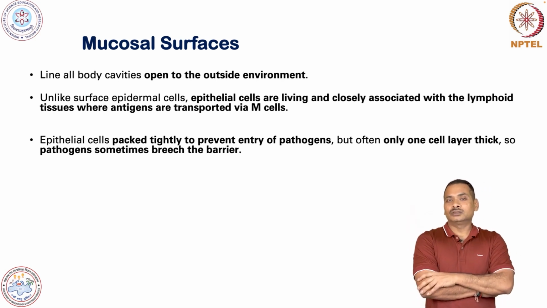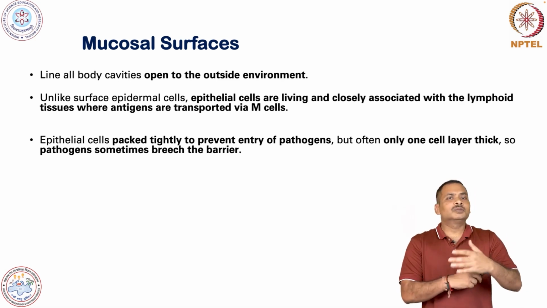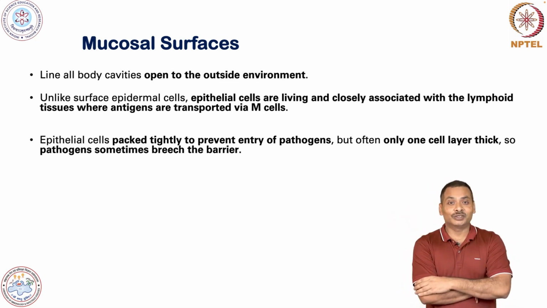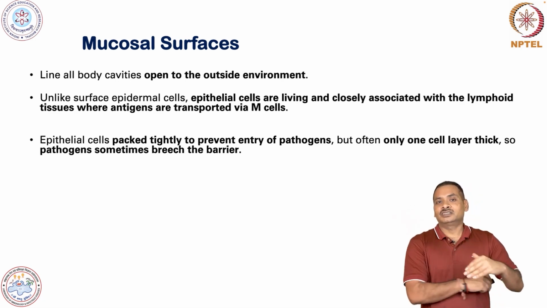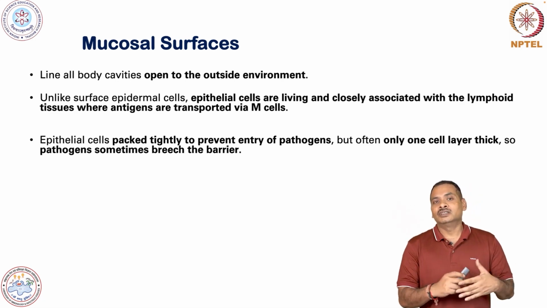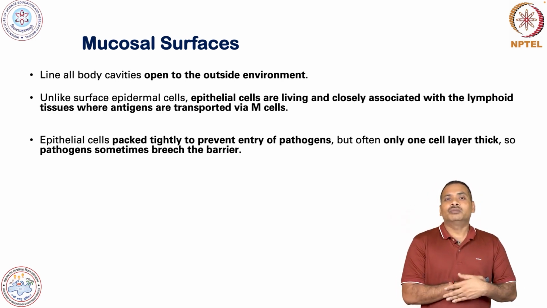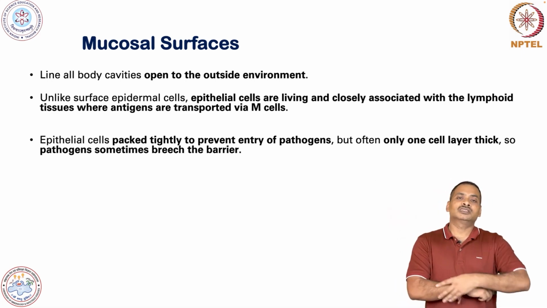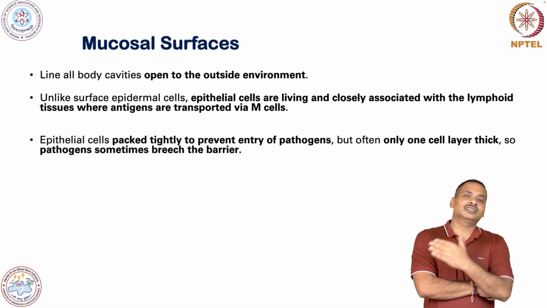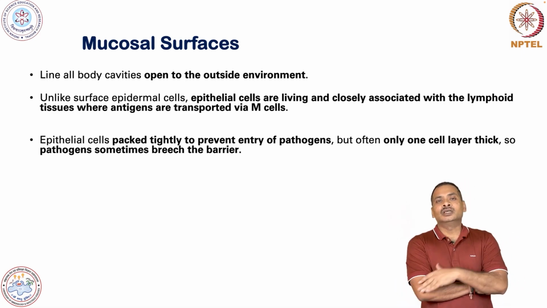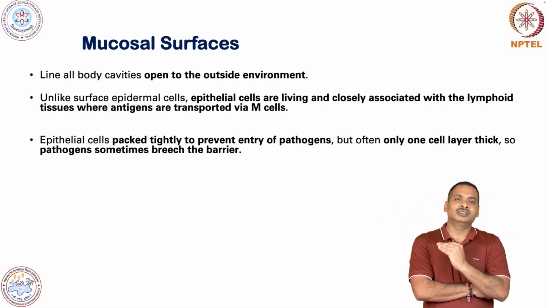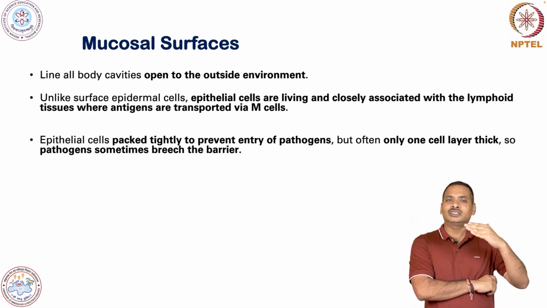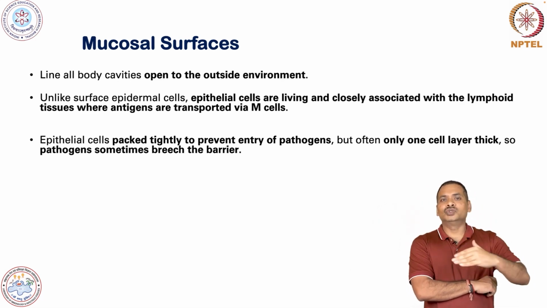So most of these microbes, especially the pathogenic ones which cause disease, have this unique feature. They have some way by which they can hook up to these cells and then enter.